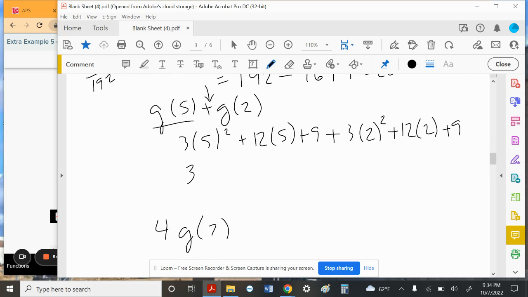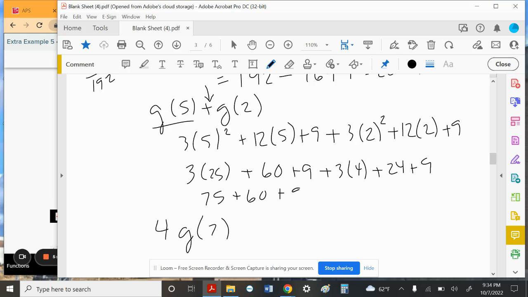Do the power first. So 3 times 25. 12 times 5 is 60, plus 9, plus 3 times 4, plus 24, plus 9. 3 times 25 is 75, plus 60, plus 9, plus 12, plus 24, plus 9.